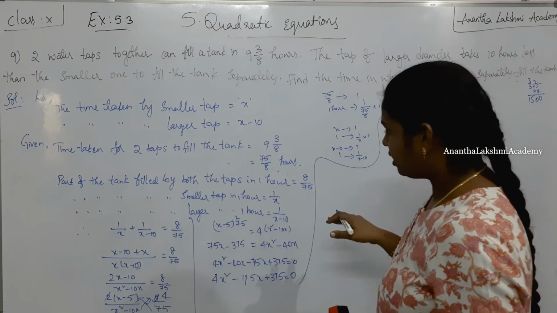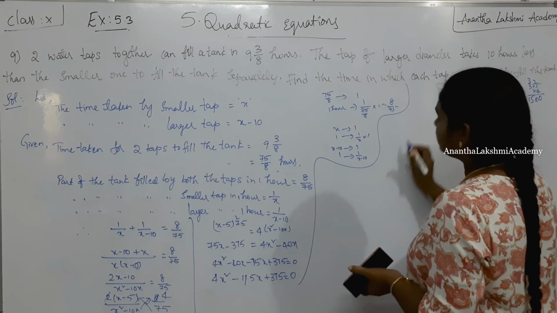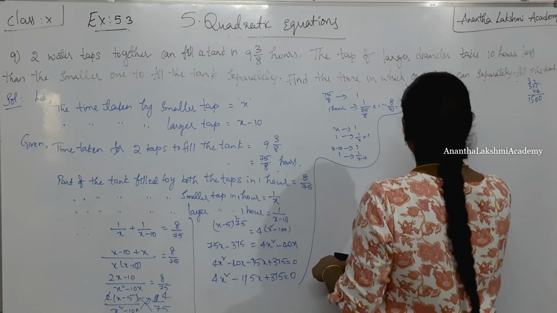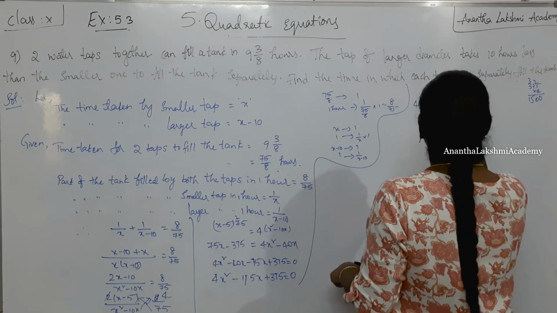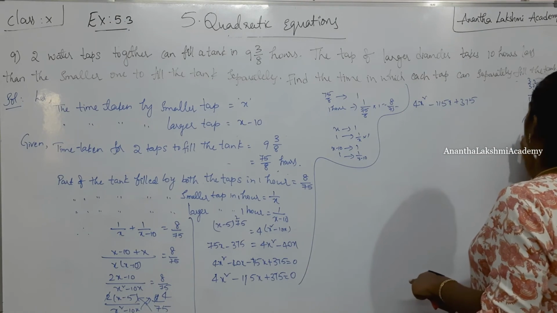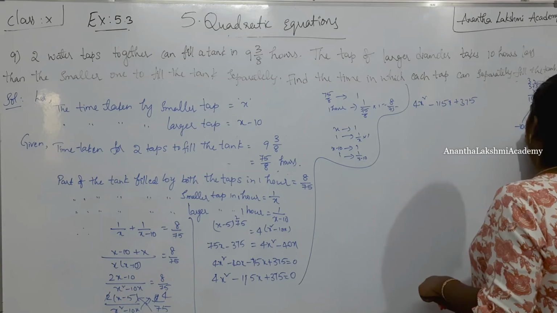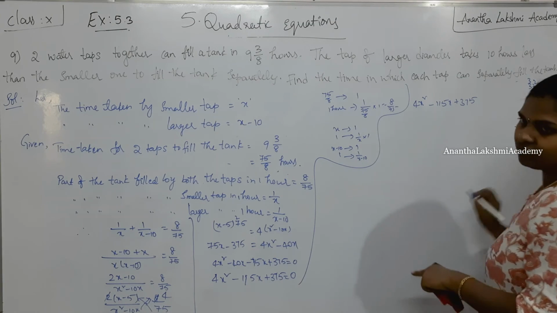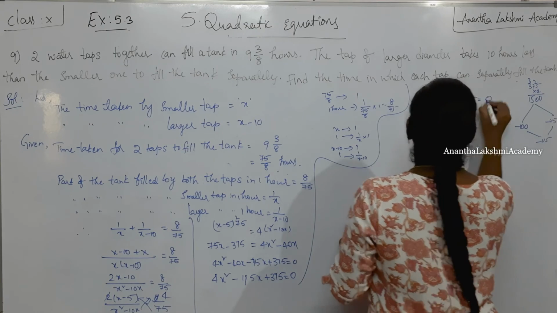So 100 into 15, yeah. So we are going to write it as 4x square minus 115x plus 375 as the product of the roots is 1500. So we are going to write it as 100 and 15. That way this becomes minus 115, alright, is equal to 0.